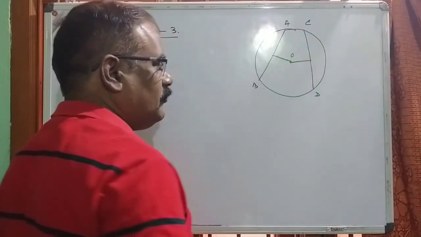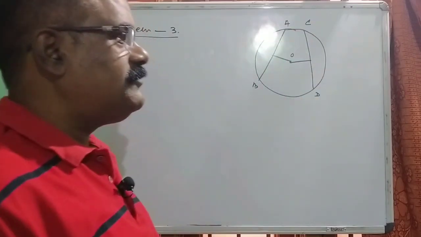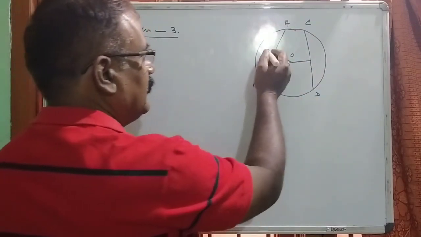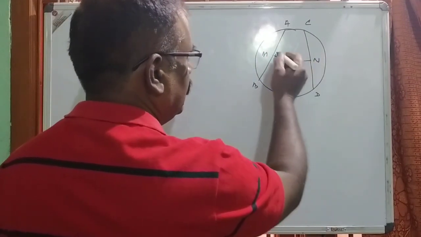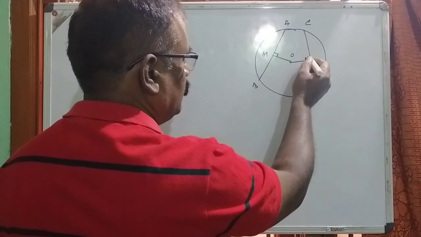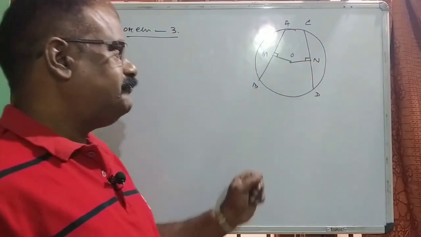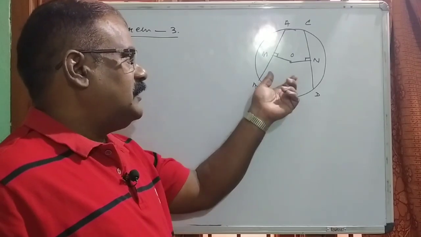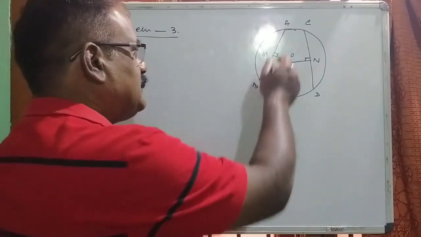So here we are going to prove that if the chords are equal, here it is given that AB is equal to CD, and we have to prove that OM and ON, the perpendiculars, or we can say the distances from the center to the chords, are equal.